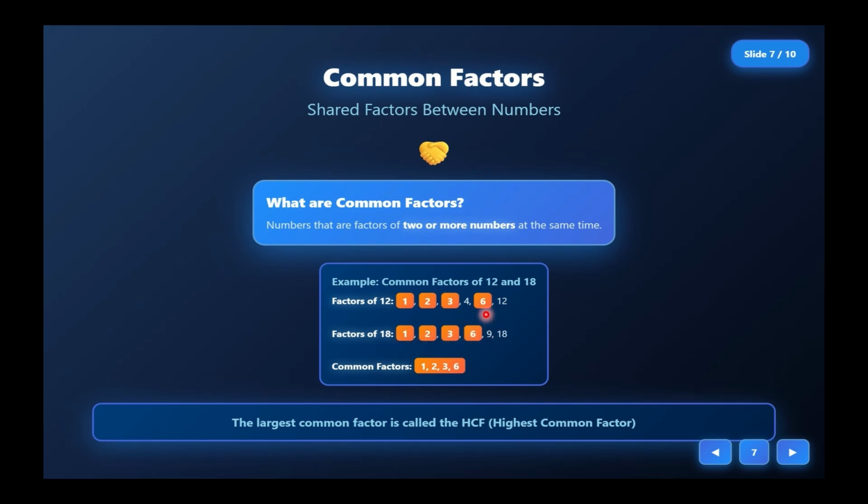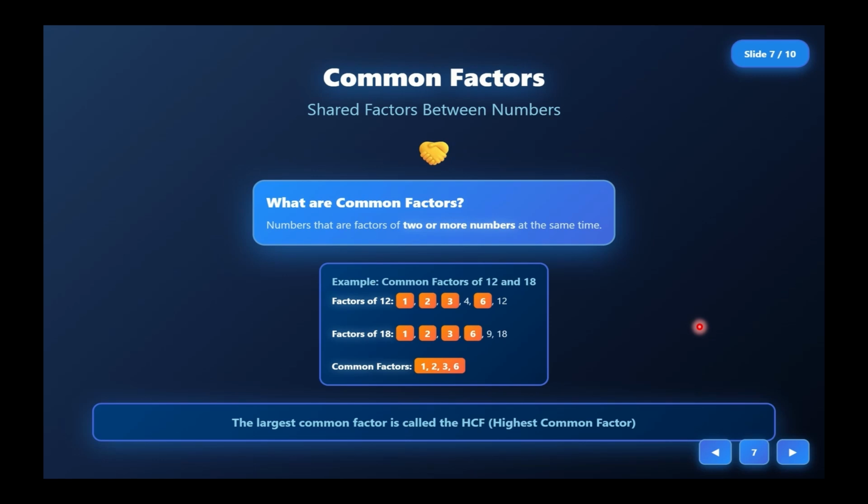Which factors do they both have? 1, 2, 3 and 6. These are the common factors. And notice that 6 is the largest common factor. So we call this the HCF, or the highest common factor. And this is incredibly useful when simplifying fractions or solving real-world problems.